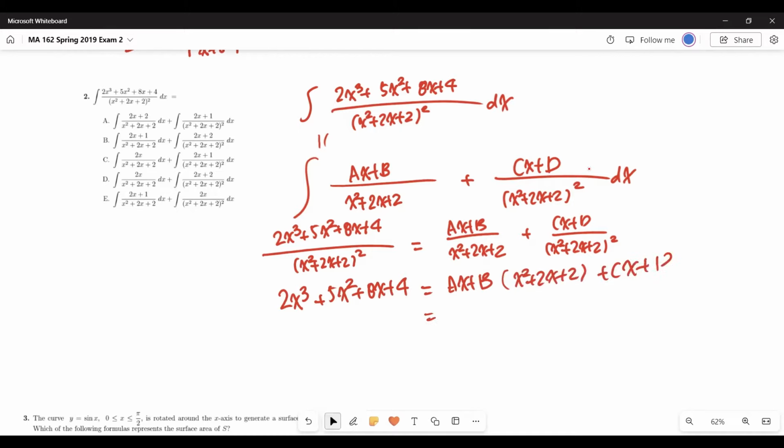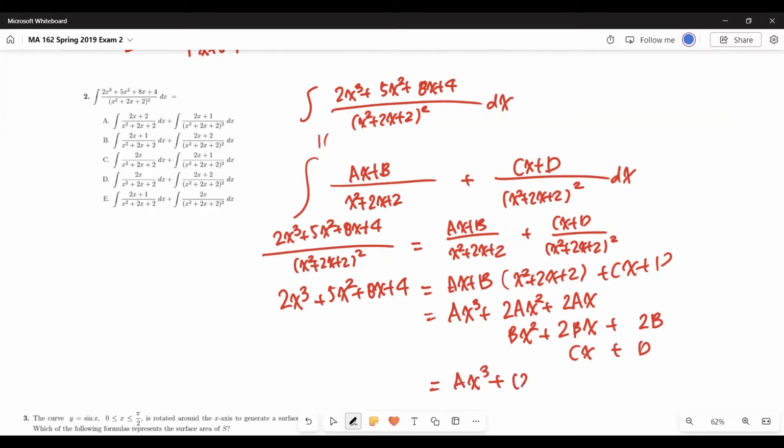This becomes Ax³ + 2Ax² + 2Ax + Bx² + 2Bx + 2B, and then Cx + D. So this becomes Ax³ + (2A + B)x² + (2A + 2B + C)x + (2B + D), and that should be equal to 2x³ + 5x² + 8x + 4.